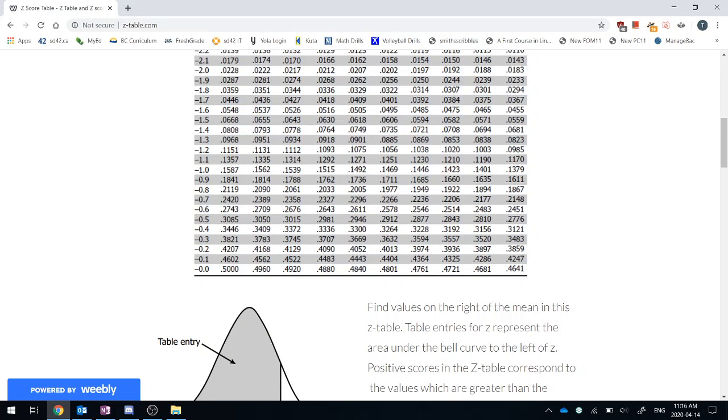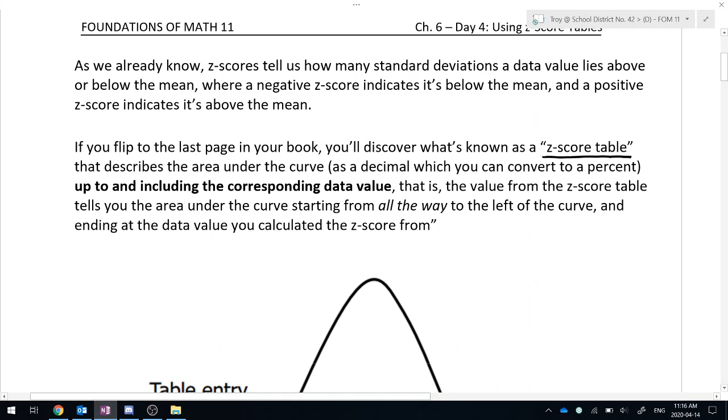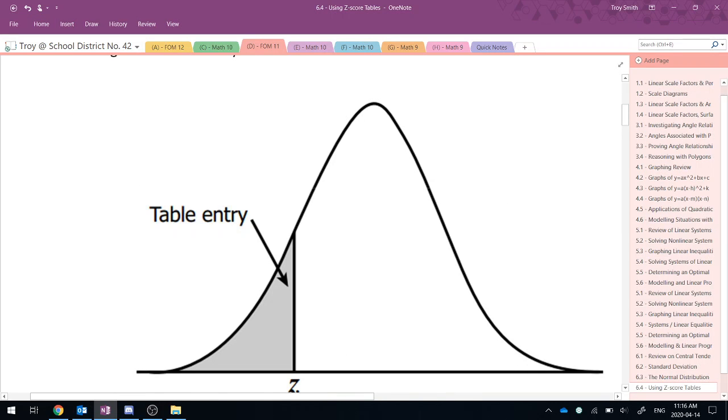For example, if we look at the very bottom right number here, 0.4641, that's a decimal. If we want to convert that to a percentage, of course, that would be 46.41%.